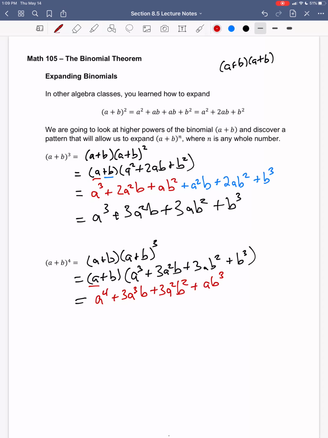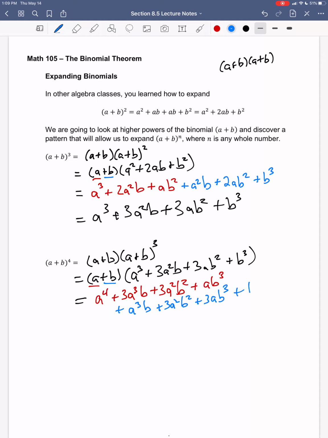Okay, now I'm going to multiply this plus b times everything. And I'm going to write it below just because I'm running out of room. So b times a cubed will be an a cubed b. B times 3a squared b will be 3a squared b squared. B times 3ab squared will be 3ab cubed.